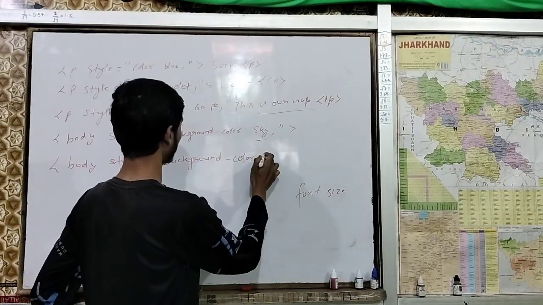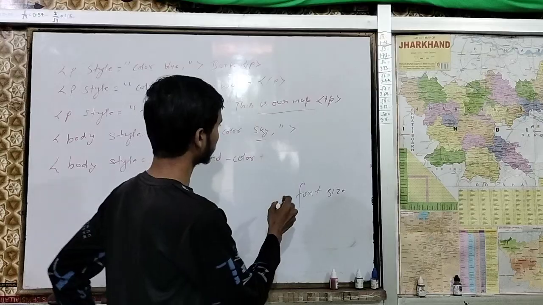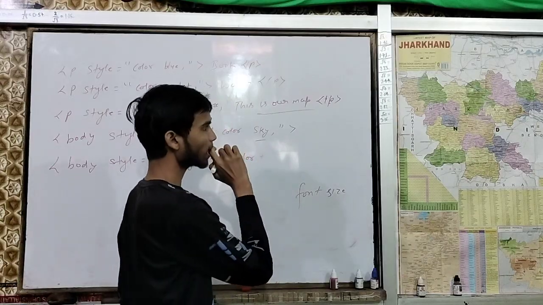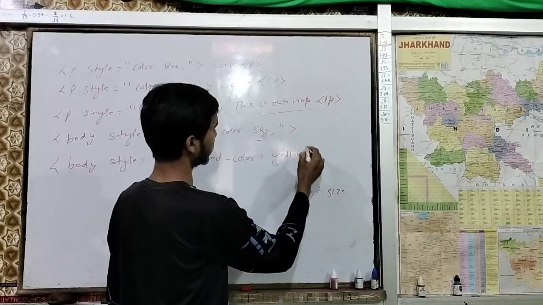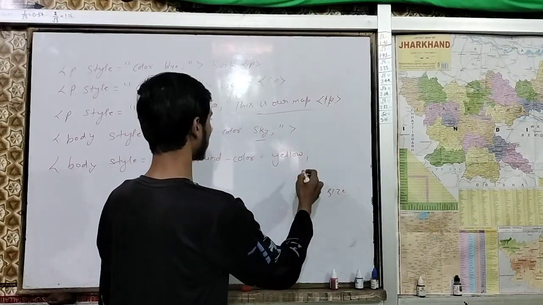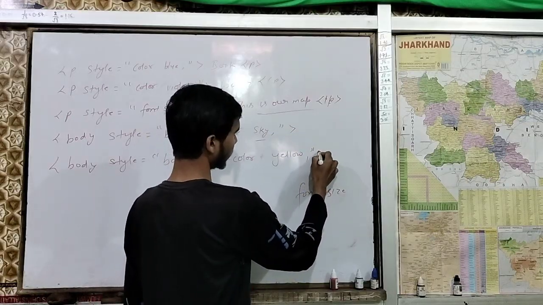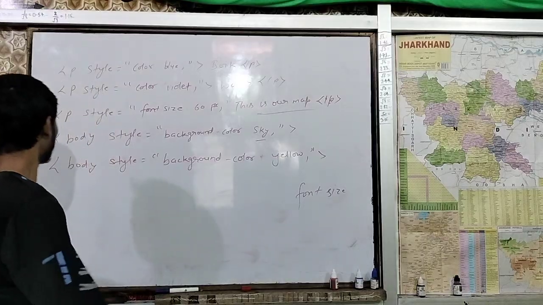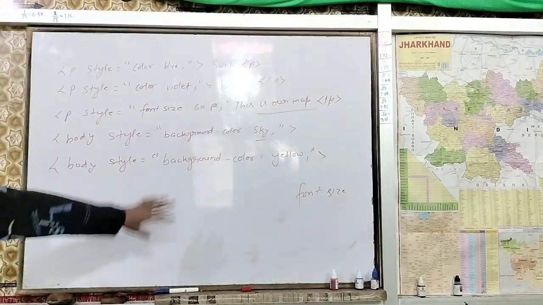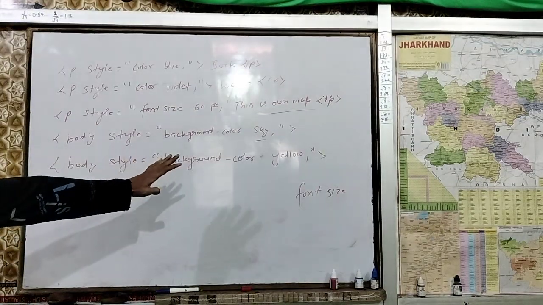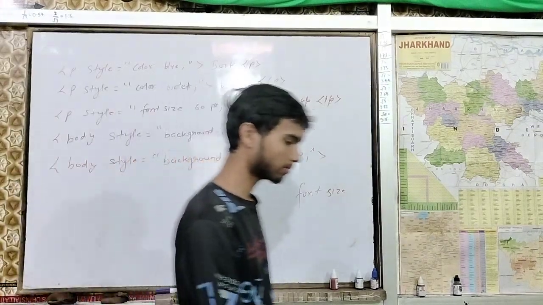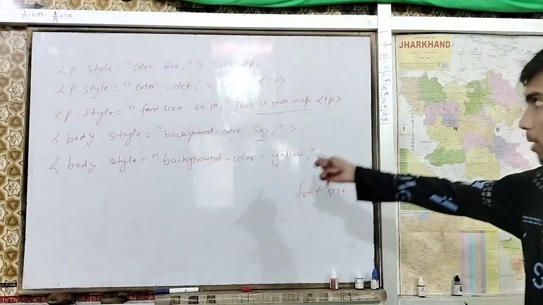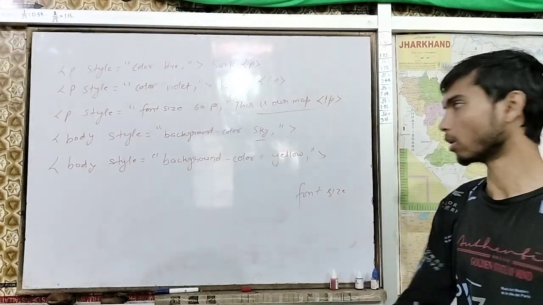What type of color? For example, yellow. Then this semicolon. Double inverted comma complete. And now our body of our website will be yellow. That's it. This was about background color of our body of our website.